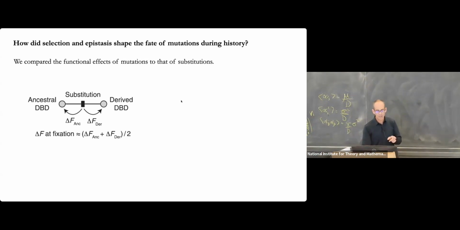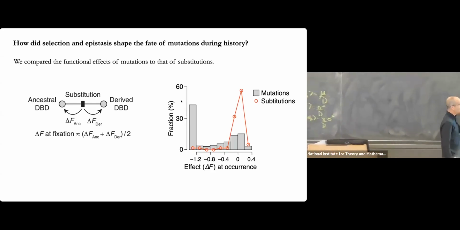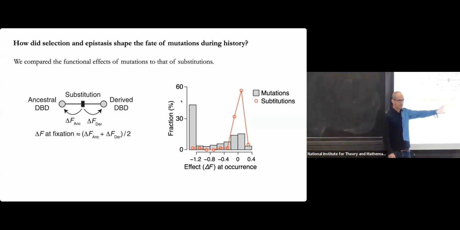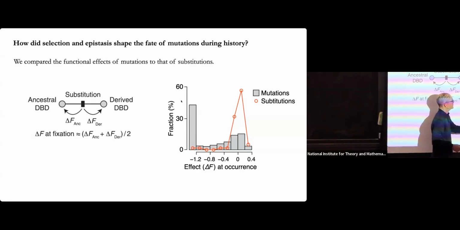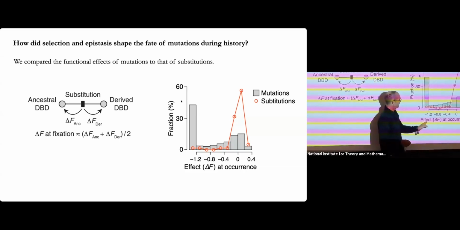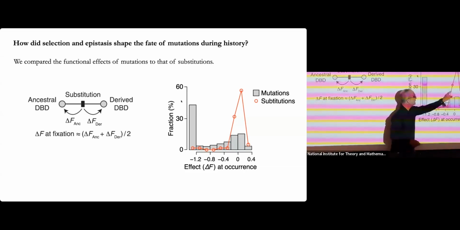So the last thing I want to clarify is what's the underlying process of these substitutions that are happening? So we asked for the subset of all mutations that actually happen on the phylogeny, what was their effect on the phenotype in the interval when they happened? Gray shows you the effect on the phenotype of all mutations, and red is the substitutions.